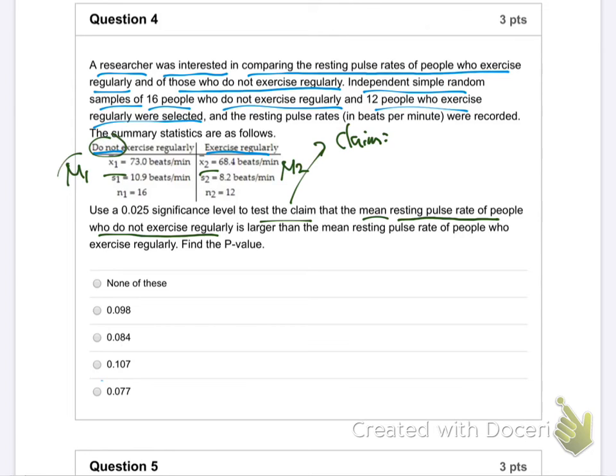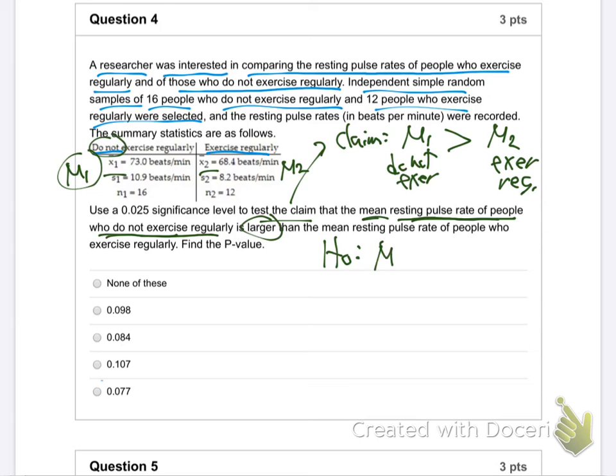The do not is mu1, the do not exercise regularly, and mu2 will be the exercise regularly. So which is true? The mean resting pulse rate of people who do not is larger. That's the claim. So H0 is that they're equal. H1 is that mu1 is greater than mu2.